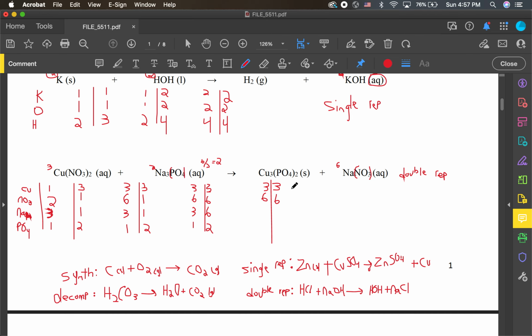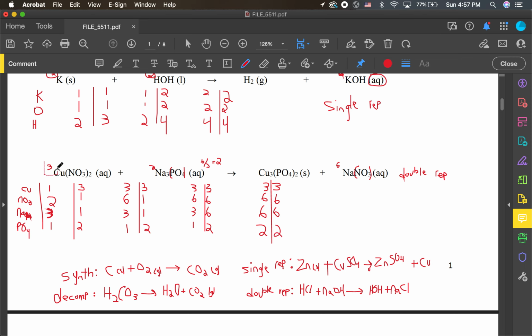Okay, so 6 and 6, cool. 2 times 3, we have 6 Na here. We have 6 Na here. And our PO4, we have 2 PO4s now here, and this is 2 PO4s. All those numbers matched. That means we did it right.